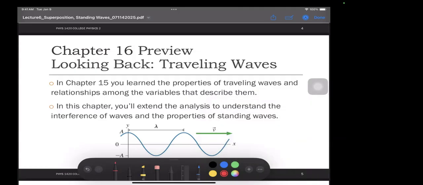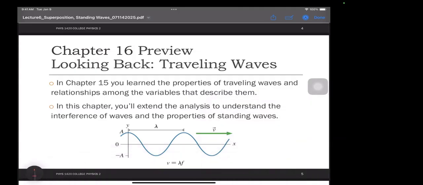Oh, yeah, here. You can see here, this is the equation we learned last week, v equals lambda times f. Lambda is the wavelength, f is the frequency.